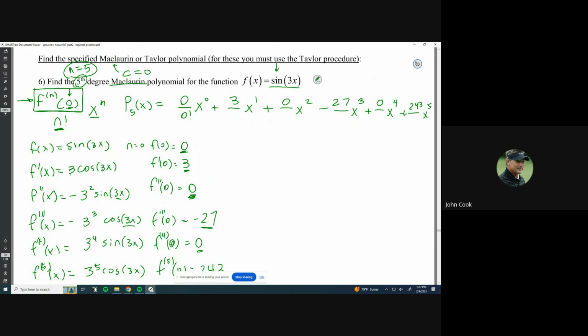And that thing that goes in the denominator is the n value factorial, right? So 1 factorial, 2 factorial, 3 factorial, 4 factorial, and 5 factorial.